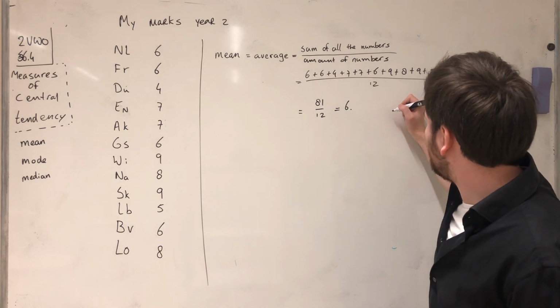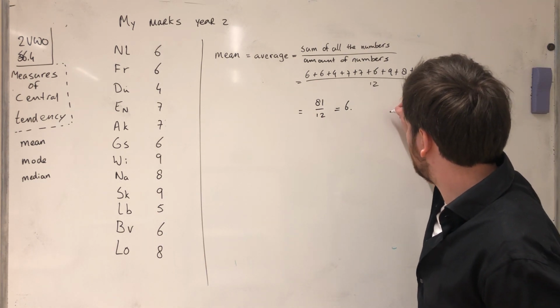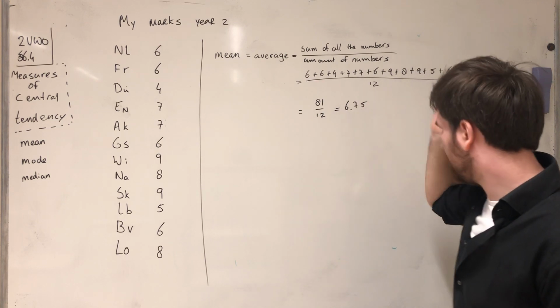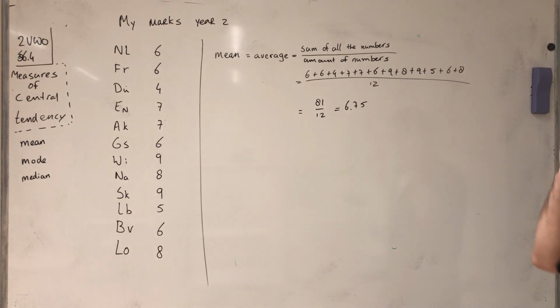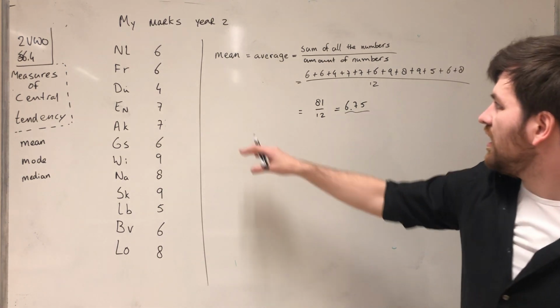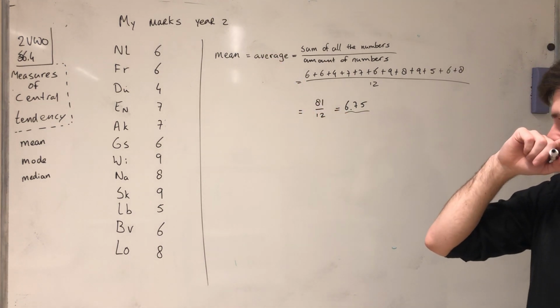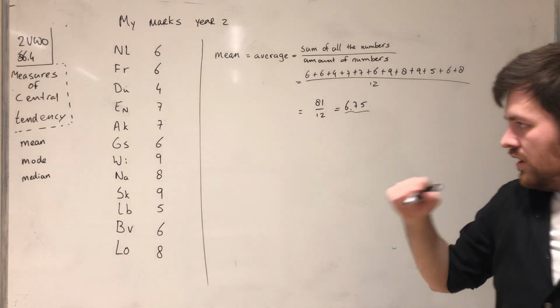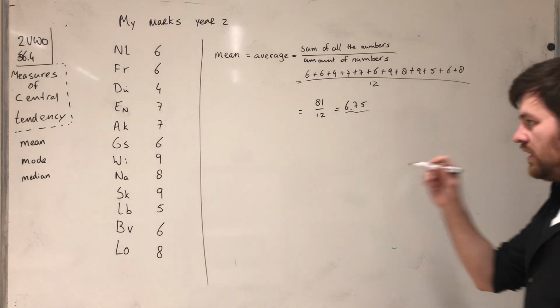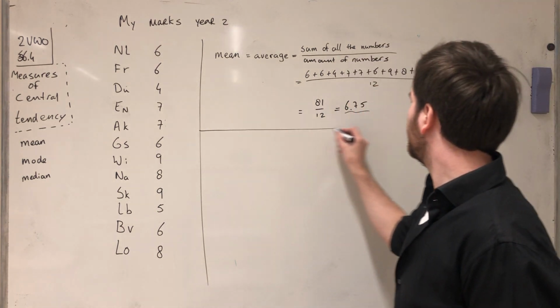I know Lucas probably already took out his calculator to check if I'm making a mistake or not. I think 6.75. And this gives you an idea of the average mark I have over there. Okay? But there are also two other measures of central tendency, and you also have to know those.